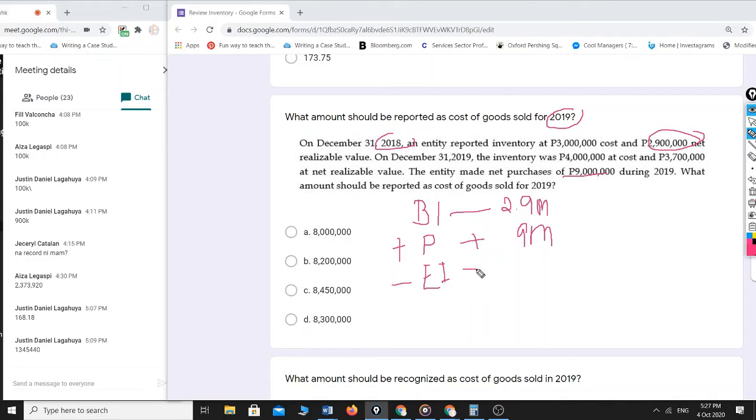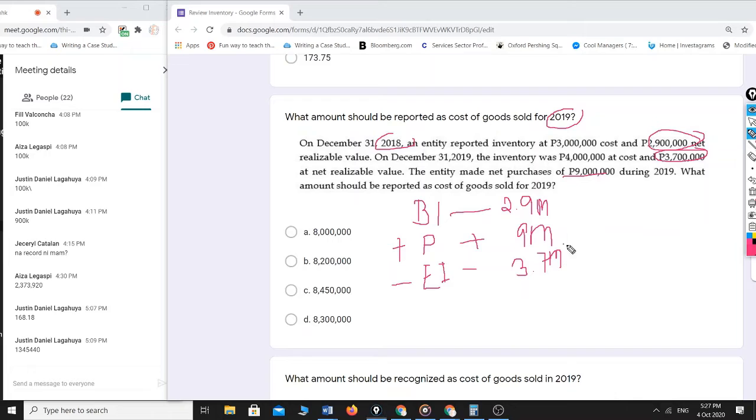And less the ending inventory of the 2019. Okay, duwa na pod ka amount ang gihatag, 4 million o 3.7 million nga NRV. So if we are to choose, of course we're going to choose whichever is lower. 3.7 million. Okay?